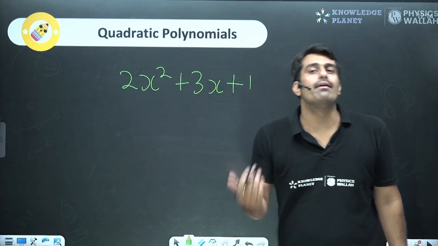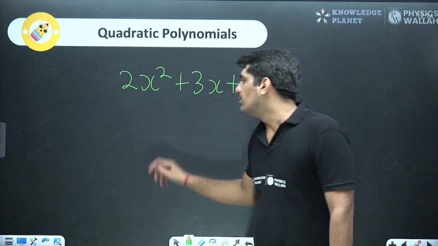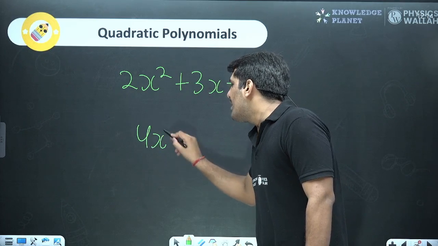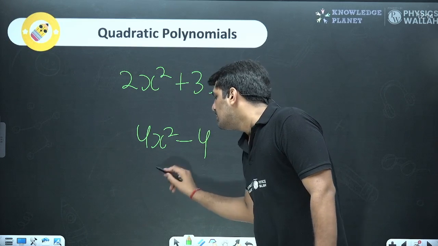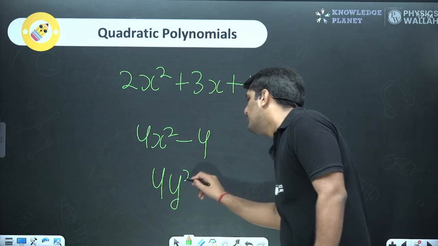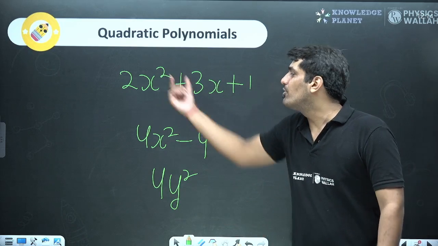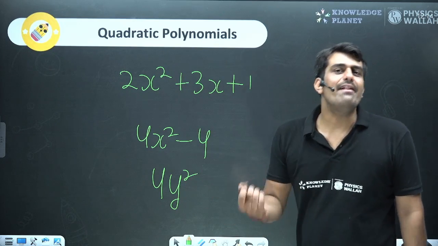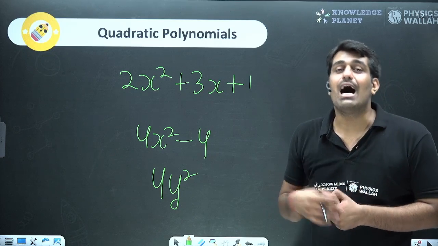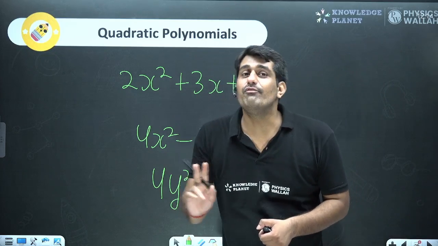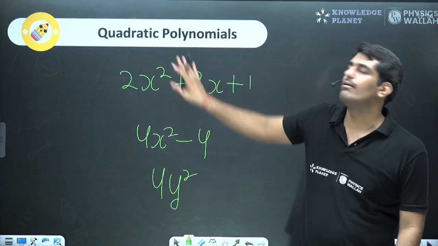They will be quadratic polynomials. So this over here, or 4x² − 4, or simply 4y². All these are quadratic polynomials. Why? The highest power of the variable needs to be observed, and the highest power in all the 3 cases is 2.